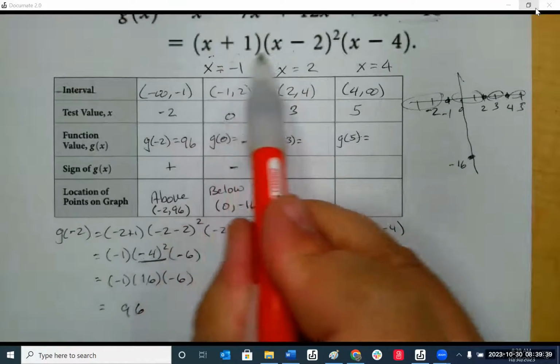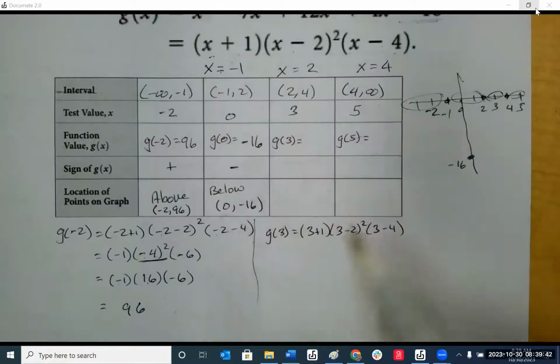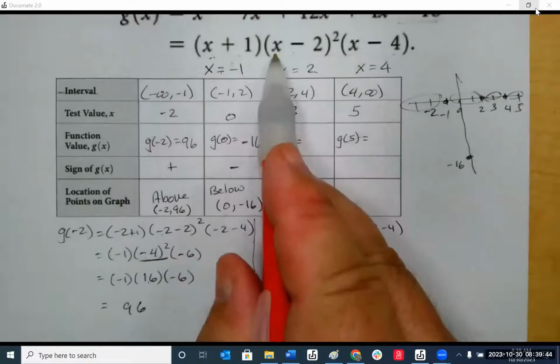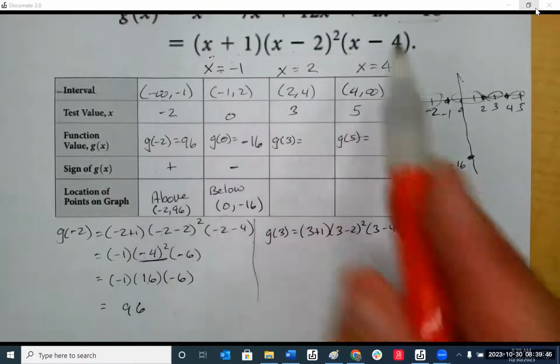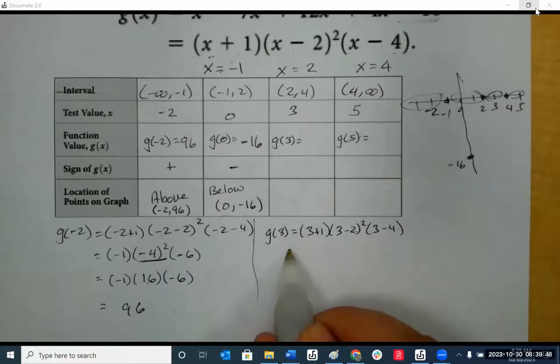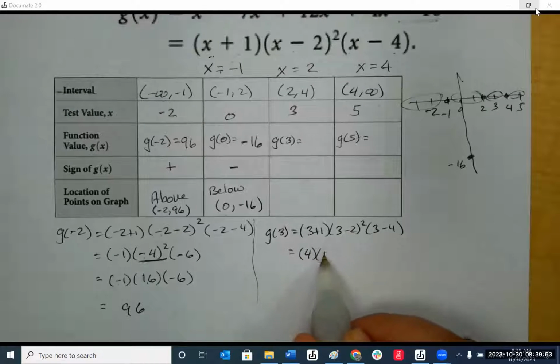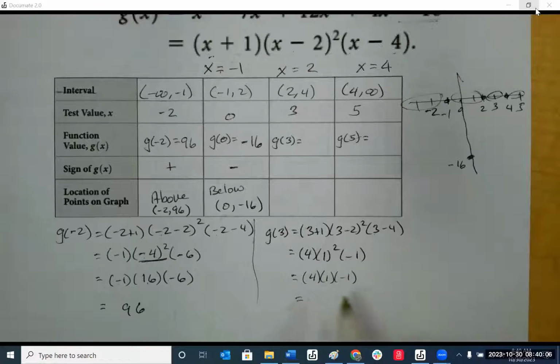Again, I'm taking this equation here and plugging in my value x. So x plus 1, or 3 plus 1, 3 minus 2, 3 minus 4. And I work those out. 3 plus 1 is 4. 3 minus 2 is 1 squared. 3 minus 4 is -1. 1 squared is 1. 4 times 1 is 4. Times -1 is -4.